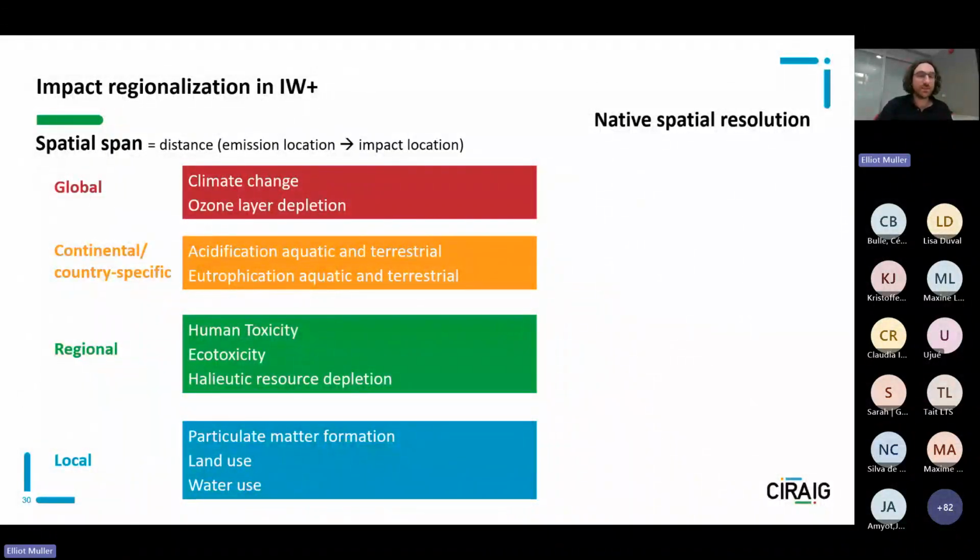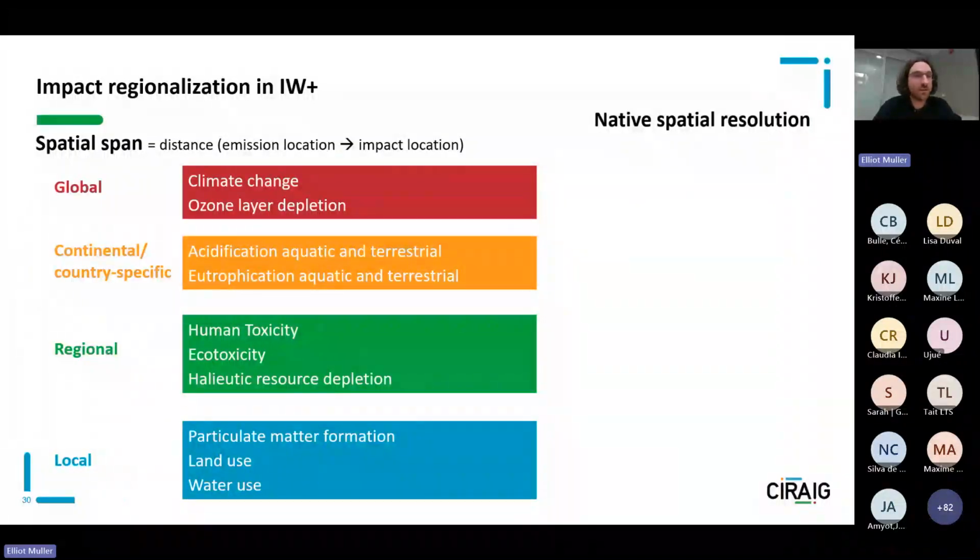Impact Plus is based on characterization factors at the native spatial resolution, and the regionalization level of those characterization factors can be different depending on the indicator that we are looking at.